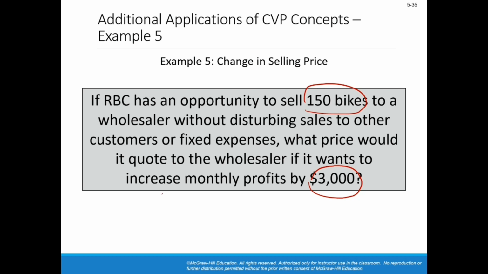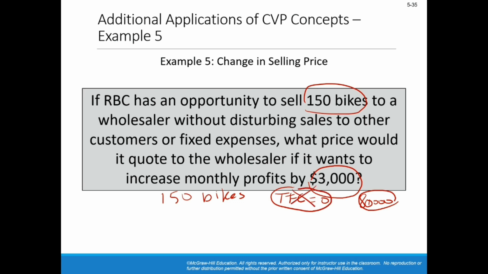So here we are only selling 150 bikes, and the total fixed cost for this transaction is zero, because the existing 80,000 in total fixed cost will be paid no matter what. So whether you sell these additional 150 or not, the 80,000 will be paid. So for this transaction specifically, we don't have total fixed cost.